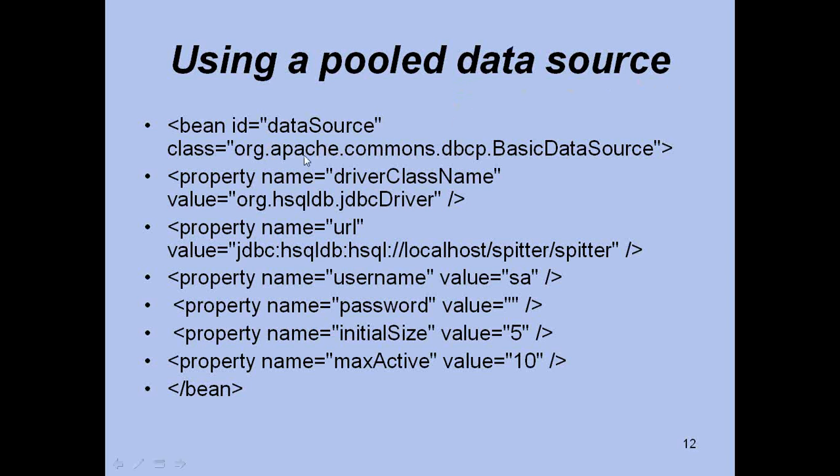Create a bean ID and use this basic data source, and set these properties. Property name: driver class name. What is the driver class name you are using? This varies based upon the database you are using. If you are connecting to Oracle, it will be different, and if you are connecting to MySQL, it will be different.